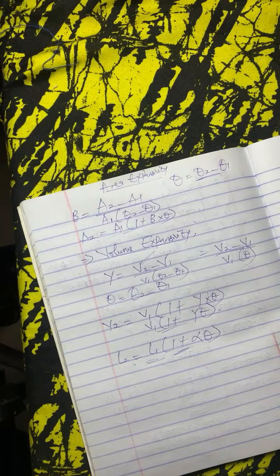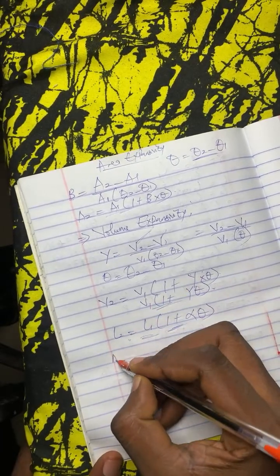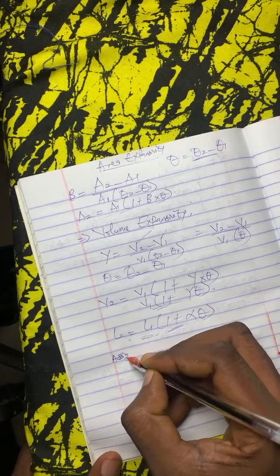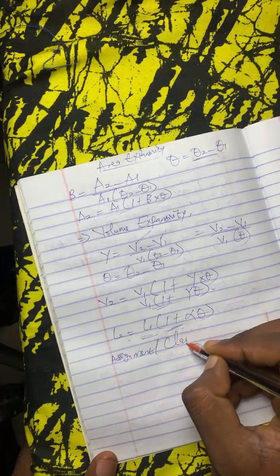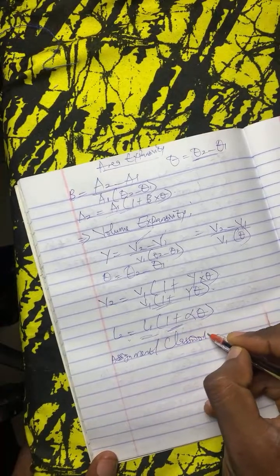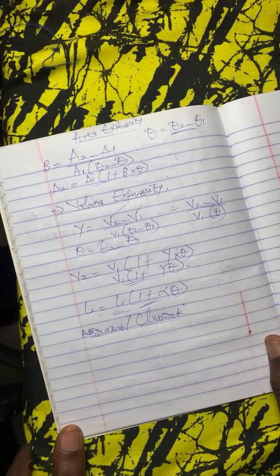Now, I'll give you a work that you can try. Try using this particular formula. Let me give an assignment or classwork. Solve it and drop the answer in the comment box. I want everybody to try it.